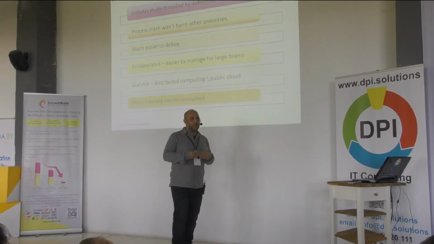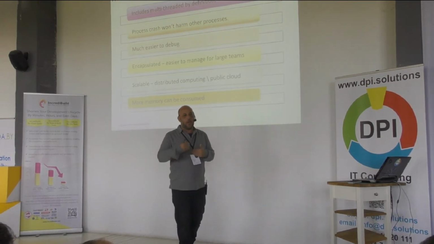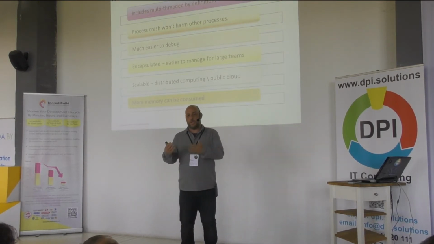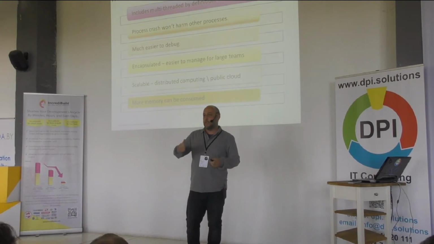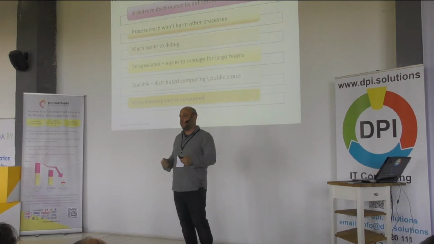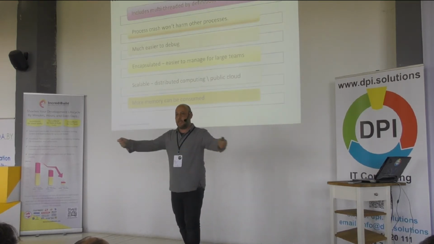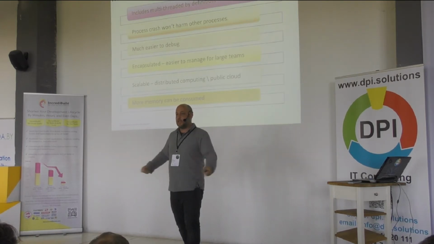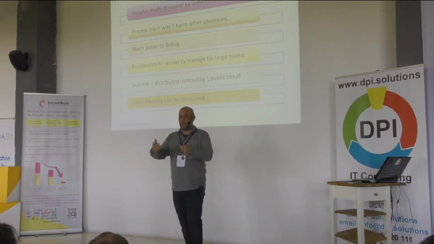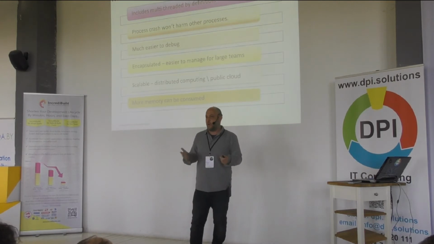So for example, in Incredibuild, in our product, one of the things that we do as an infrastructure that we provide is to execute customer developed code. For example, if you have your custom tests, Incredibuild can take these tests and execute them across machines. So these tests can fail because maybe you didn't write your code well.